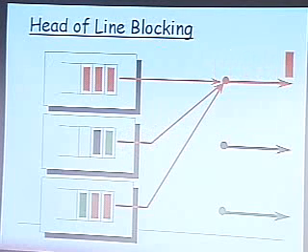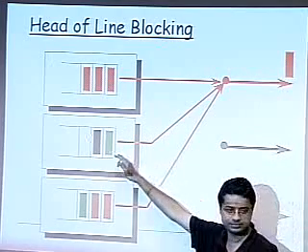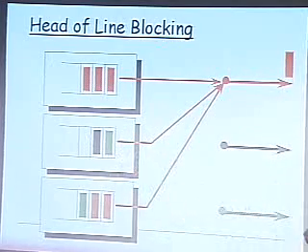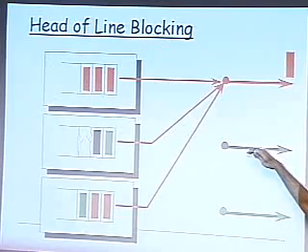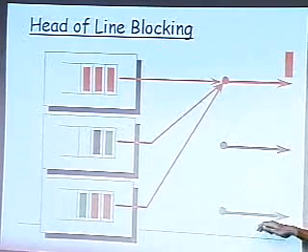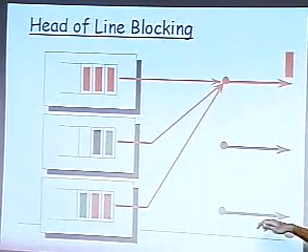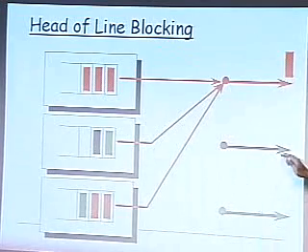So the arbitration scheme somehow decides that the second input port gets access to the red output port. Now while that is happening, the black and the green output ports are sitting idle.